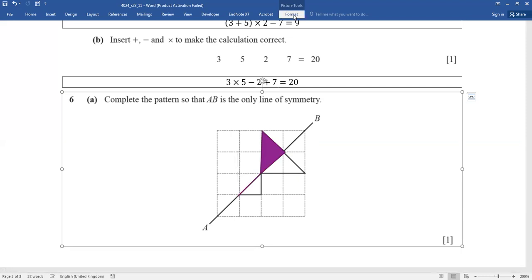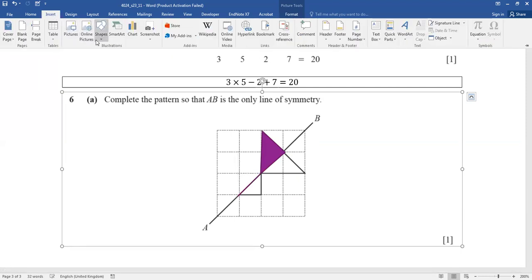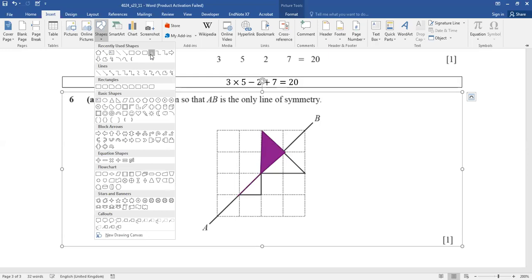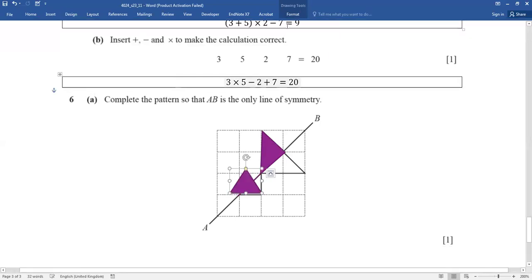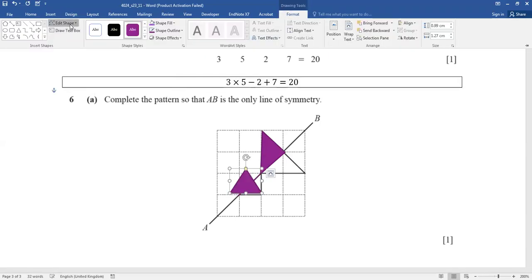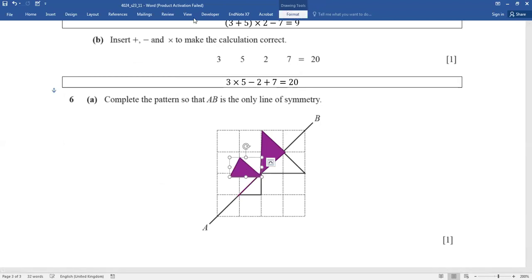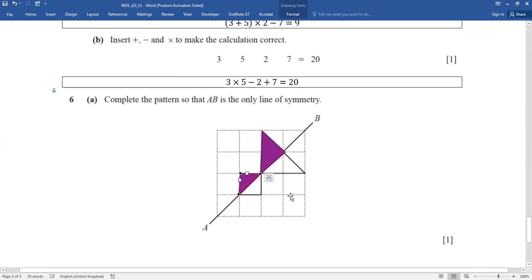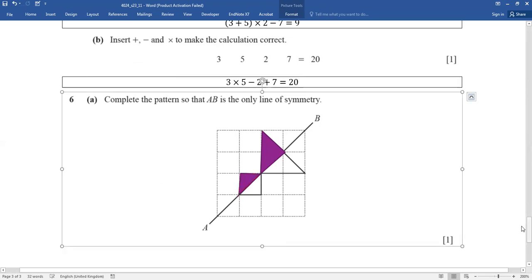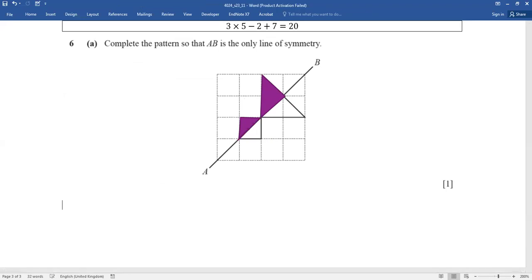And then we need another shape. So this is how it must be. So yeah, let's have a look at another part.